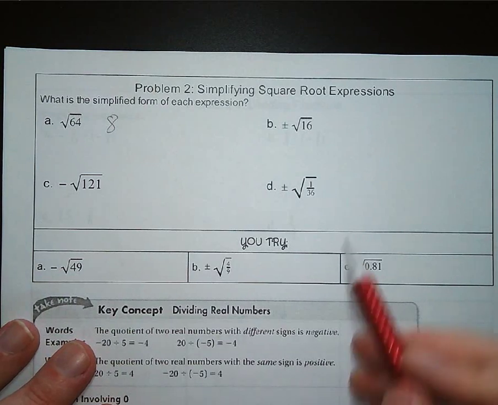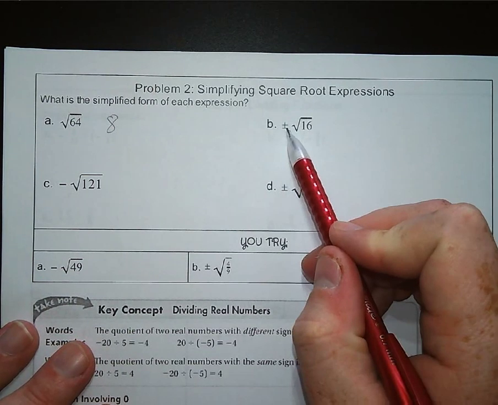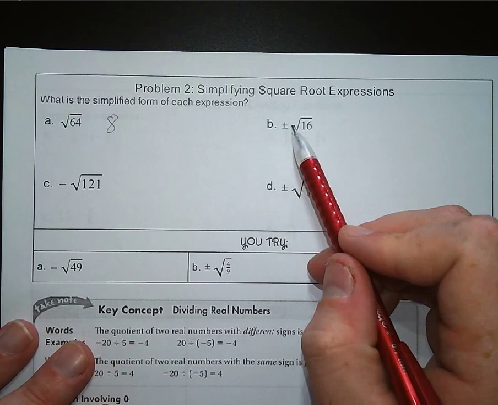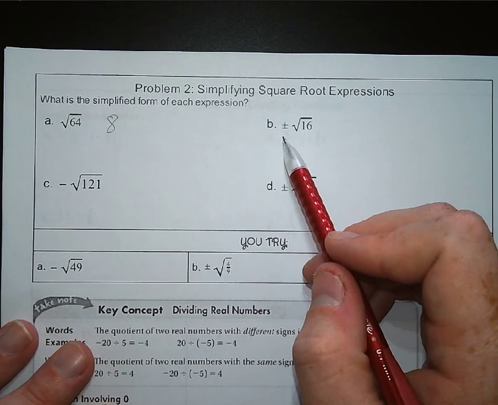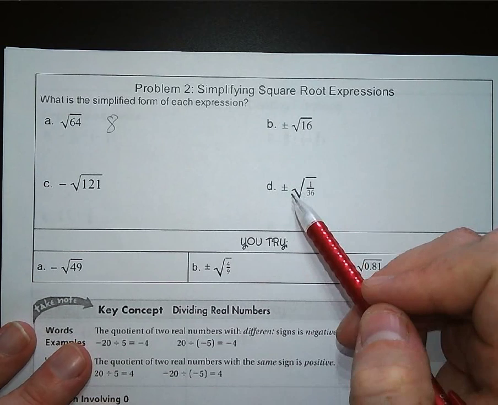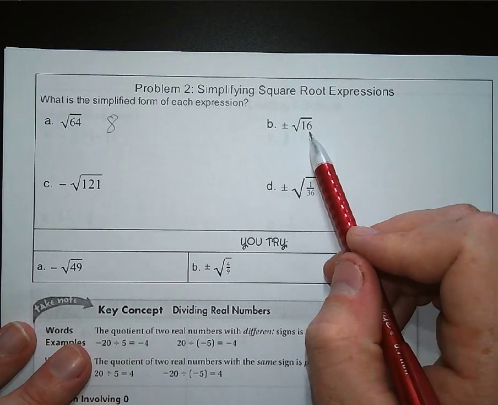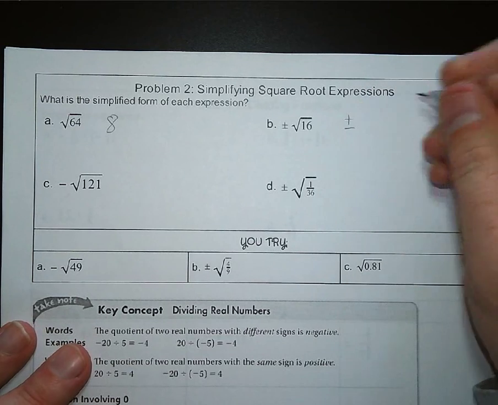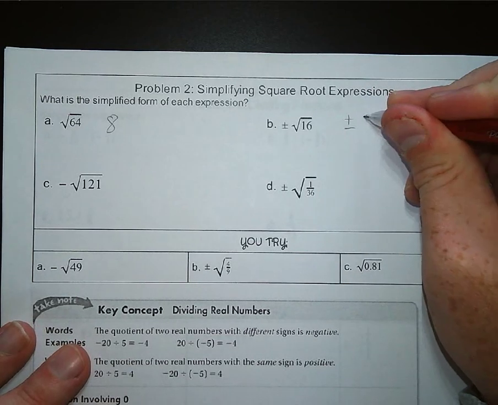So now we've got this little funny symbol here that's a plus and a minus sign. What this is looking for is we want both square roots, the positive square root and the negative square root. So for the positive and negative square root of 16, we can write plus or minus, and the square root of 16 is 4.